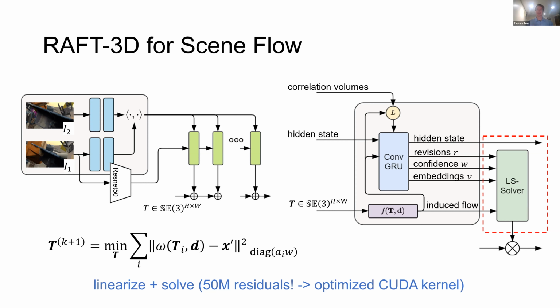This is still very computationally intensive, but using an optimized CUDA kernel, we can actually solve for a dense 3D transformation field, given these embeddings, updates and confidences predicted by this GRU. Again, we differentiate through this optimization layer, and that allows us to backpropagate. And even though we provide no direct supervision on these embedding vectors, by differentiating through this optimization objective, we can actually train these embedding vectors without direct supervision.